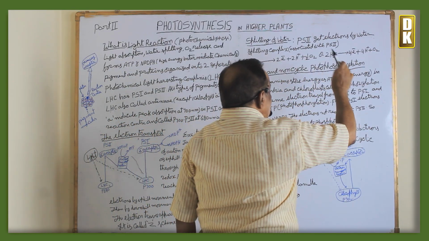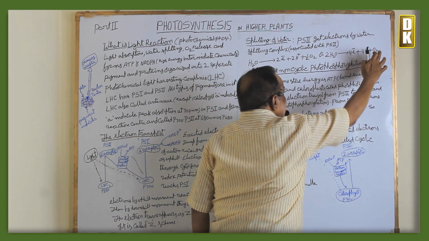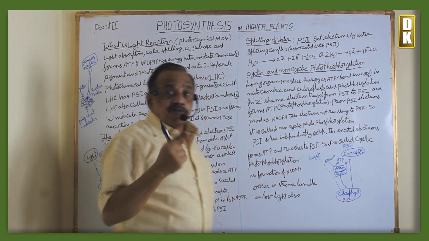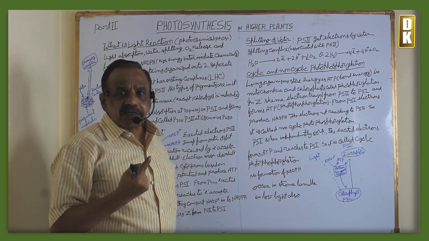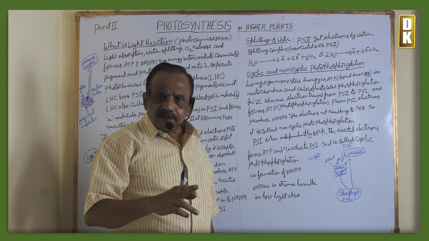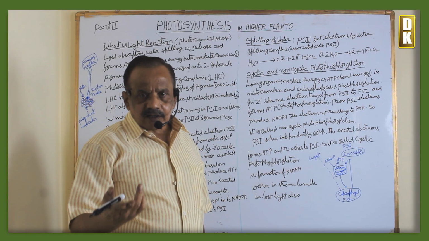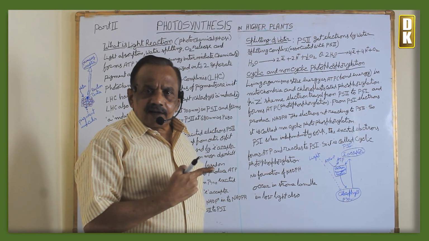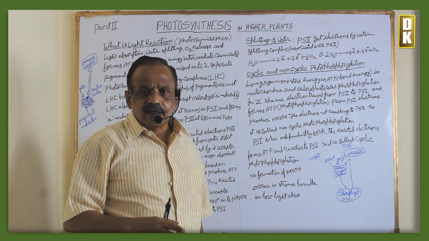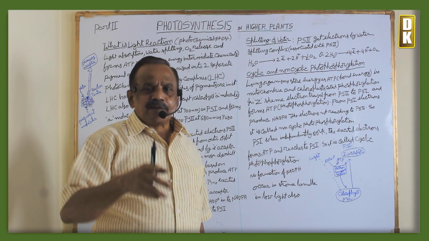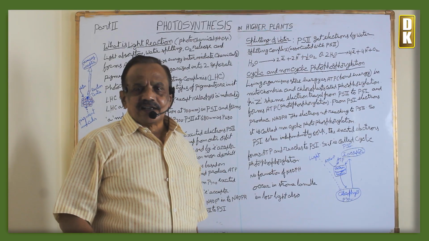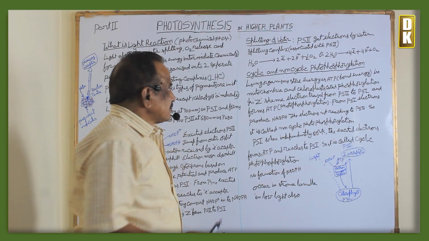O2 formation, O formation, atomic level and molecular level, also very important in the chemiosmotic hypothesis. Atomic level causes photooxidation. What happens at molecular level I will discuss in the chemiosmotic hypothesis within half an hour.